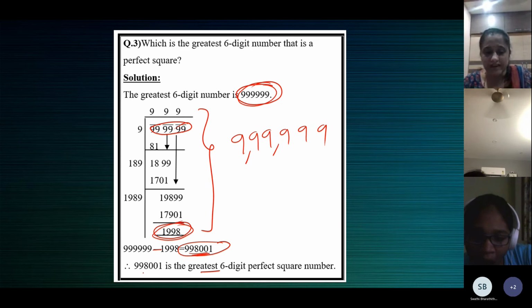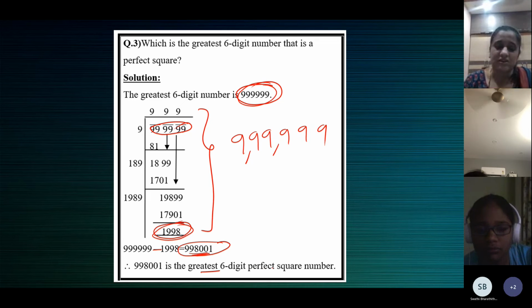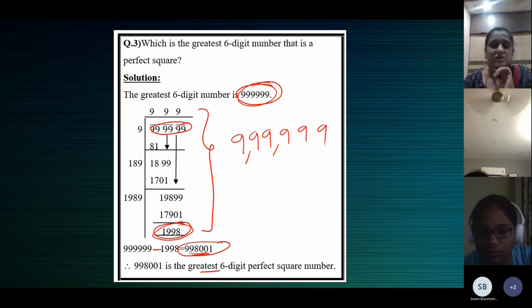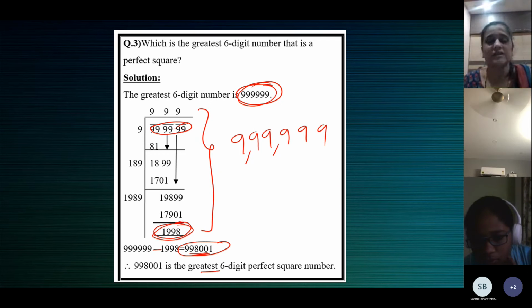We have to find the greatest. There are two conditions here. It should be a 6-digit number and it should also be a perfect square. When we were in third or fourth, we knew only one condition: which is the greatest 6-digit number? 9,99,999. Now there's an additional condition, that it is a perfect square.